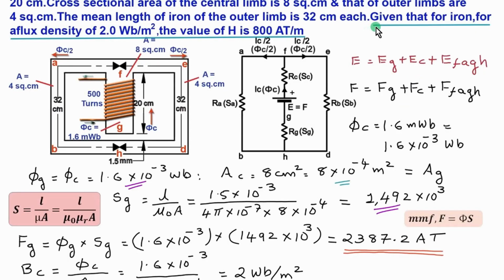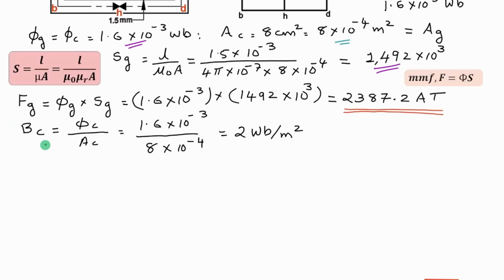See, in the question it is given that for iron, for a flux density of 2 Weber per meter square, the value of H is 800 ampere turns per meter. Therefore, in the center limb, for this flux density, H is equal to 800 ampere turns per meter.